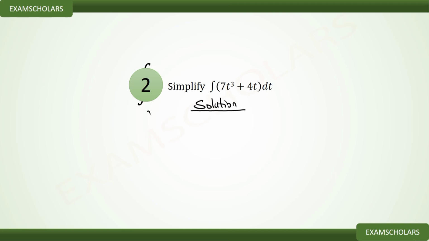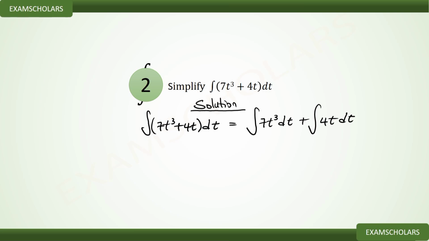So what do we want to do? We want to integrate 7t cubed plus 4t with respect to t. To do it, you can also apply what we have done earlier on. Integral of 7t cubed dt plus integral of 4t dt.